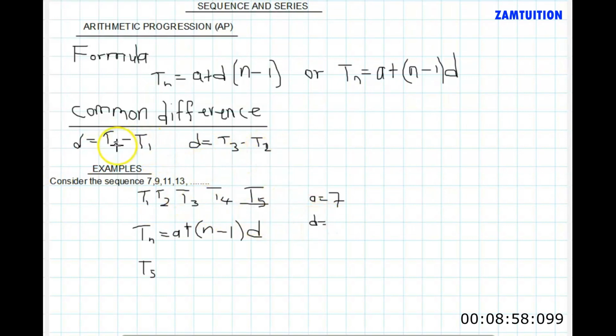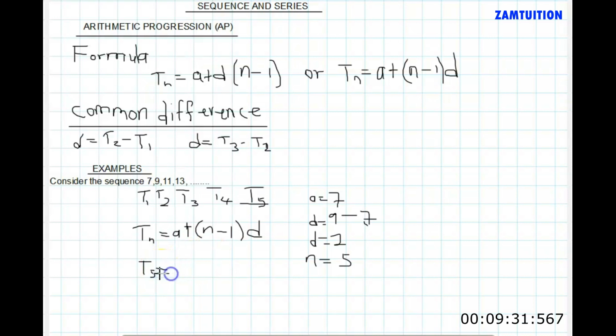So T2, which is 9, take away T1, which is 7, gives us the common difference, 2. And our n is fifth, because we are looking for the fifth term.